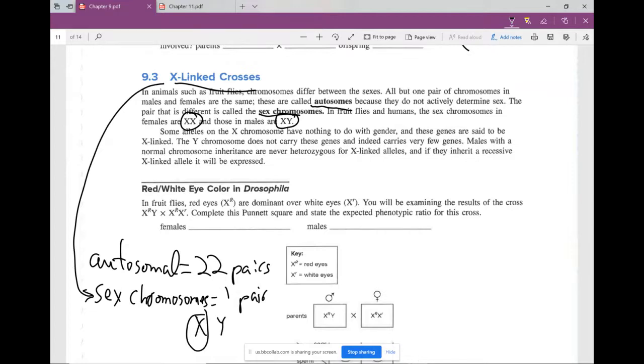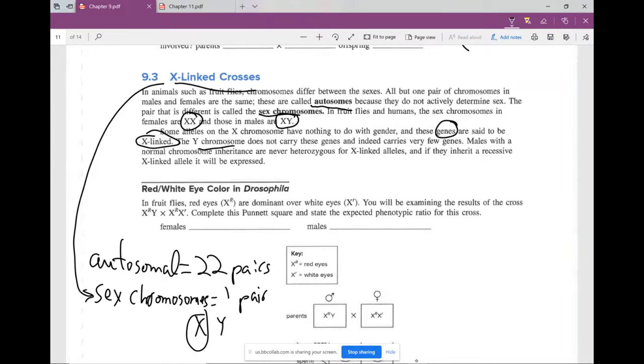Some alleles on the X chromosome have nothing to do with gender. That's true. And so these particular genes are said to be X-linked. So they're found on the X chromosome, though they may have nothing to do with whether you're a female or not.